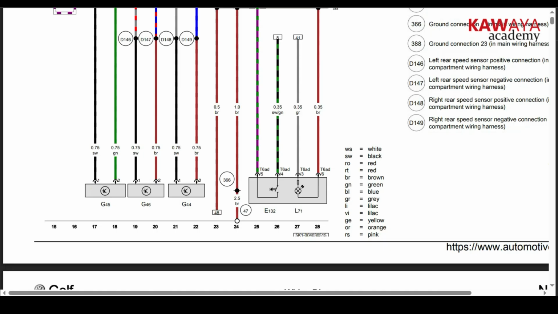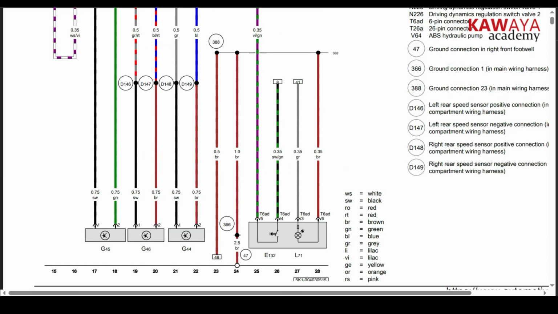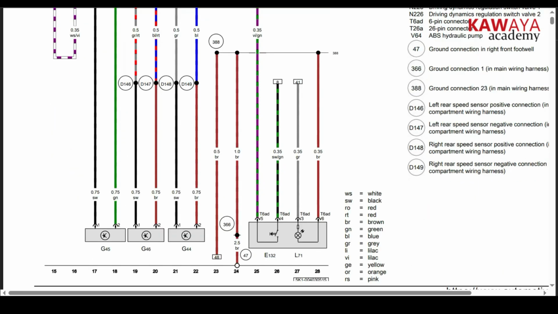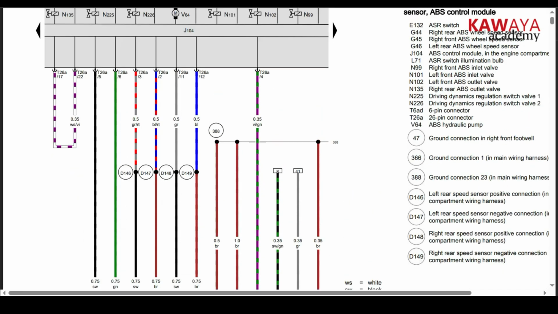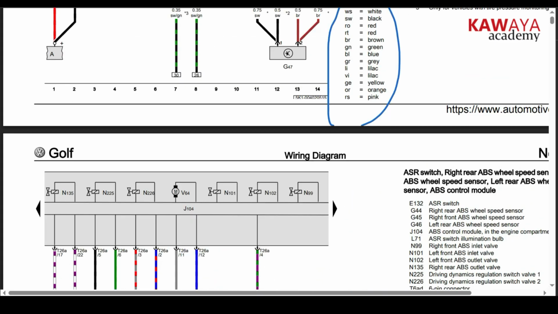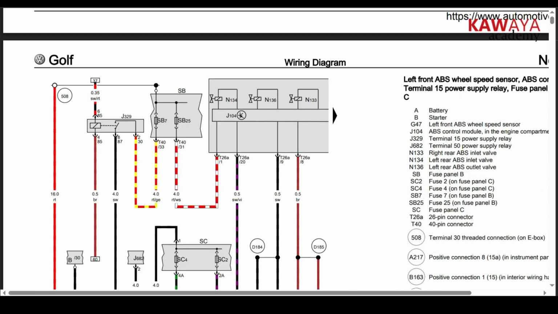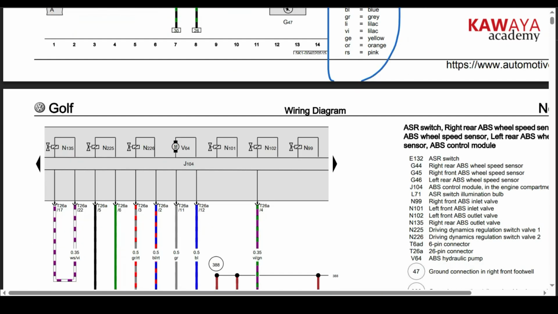Okay, let us go. We see here, so these are our loads. I think you can see G45. If you come here, G45 is the right front ABS wheel speed sensor, G46 is the left rear ABS sensor and so on. We can also trace for power sources. I think I can see it here, our A, which is the battery from the explanation here. What else can we trace for?